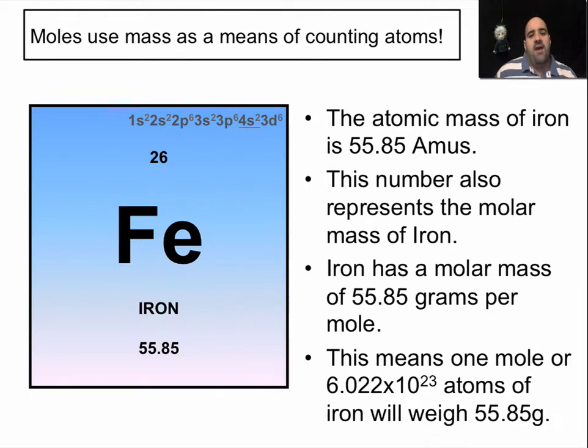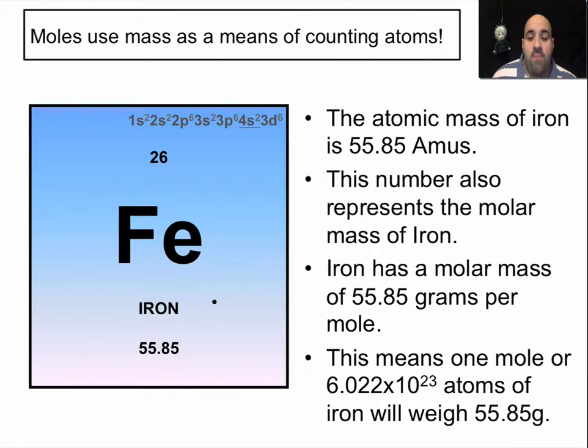So we have here iron. This is a periodic table box for iron, Fe. And the atomic mass, the weighted average of all the isotopes of iron, is 55.85 AMUs. This number also represents the molar mass of iron. Not only the atomic mass, but the molar mass. Iron has a molar mass of 55.85.